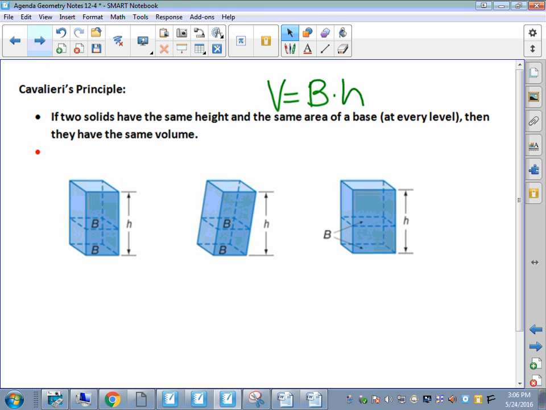So in other words, we can find the volume of oblique prisms and cylinders. So now we can deal with those slanted cylinders and prisms instead of just right ones with nice, neat angles.